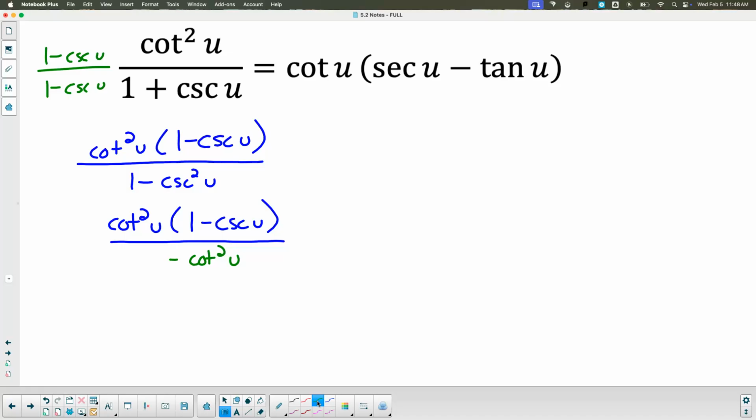So 1 minus cosecant squared would then be negative cotangent squared.